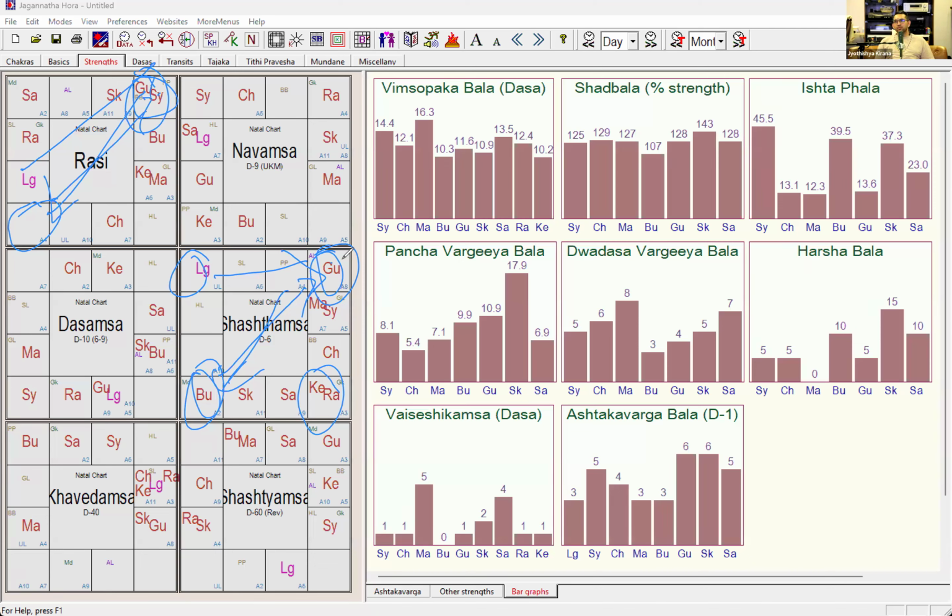You remember in Bhavas: 1, 2, 3, 4, 1, 2, 3, 4, 1, 2, 3, 4. So it's in a quadrant, so this combination becomes very powerful. So one thing this person is going to experience is related to 7th, related to 4th, and related to 10th. These parts will be afflicted. You got the idea?